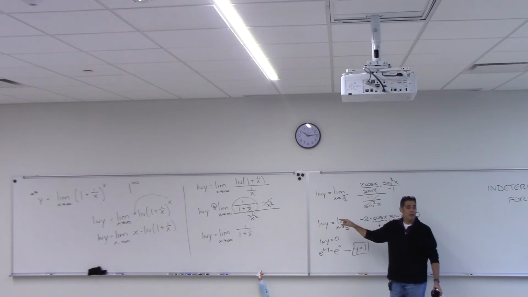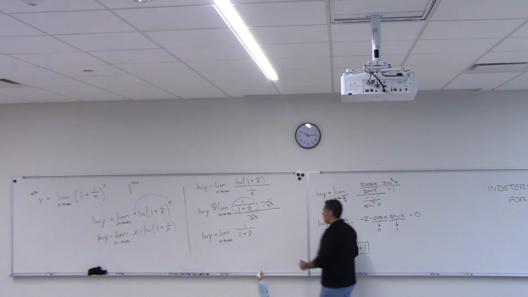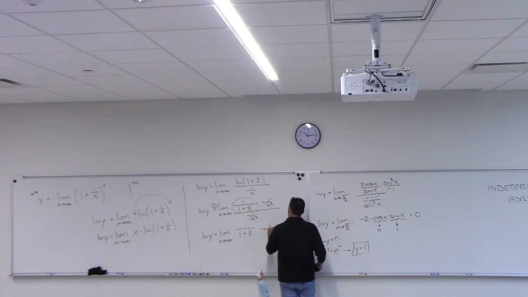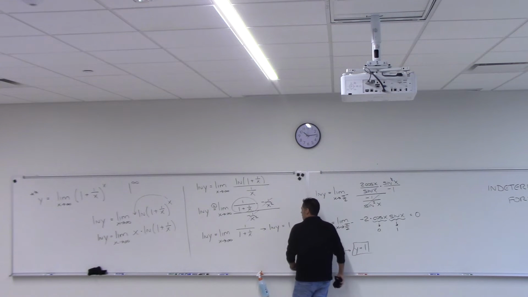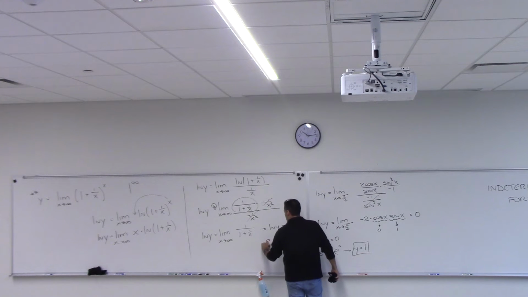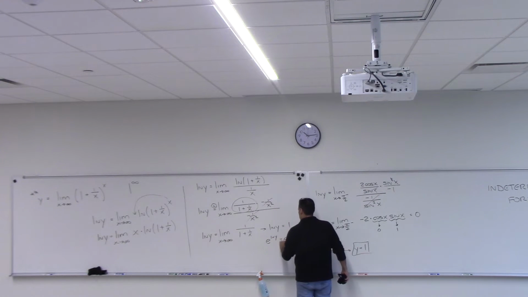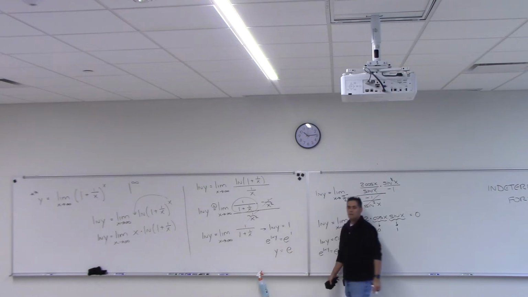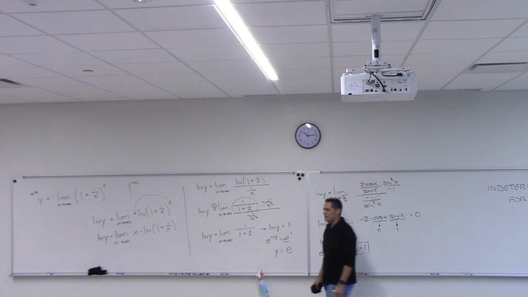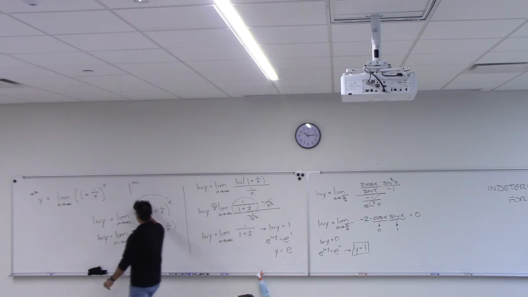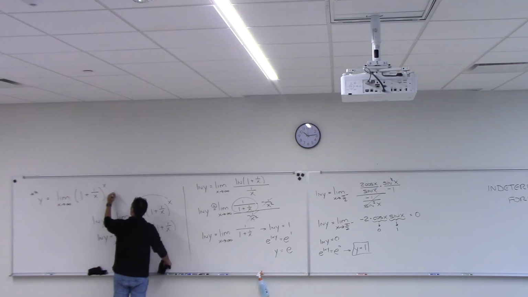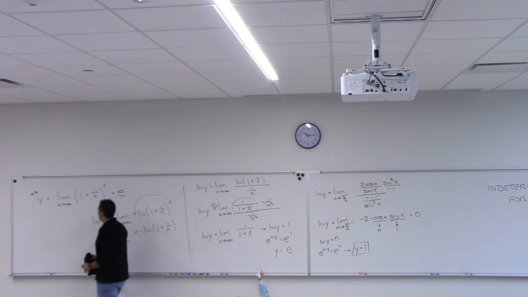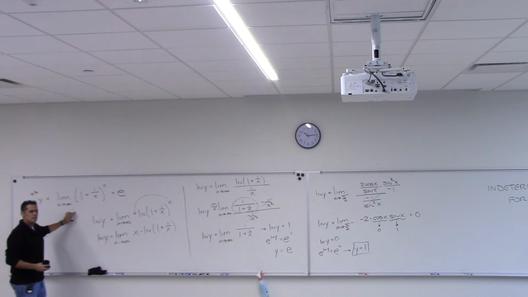Here we have natural log of y equals 1. This is the first time this has happened. So this becomes natural log of y equals 1. And now to get rid of it, you do e to the natural log of y equals e to the 1. That means y is e. So this is e. That's what e is. It's this limit. I think we were talking about this the other class. Okay?